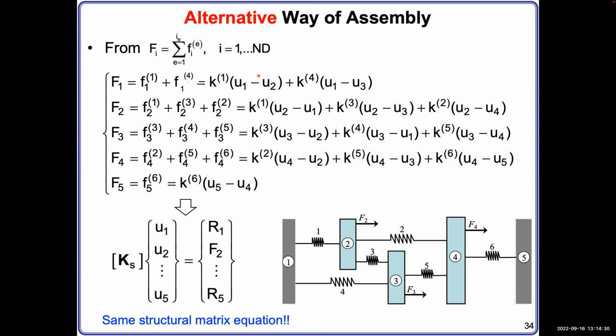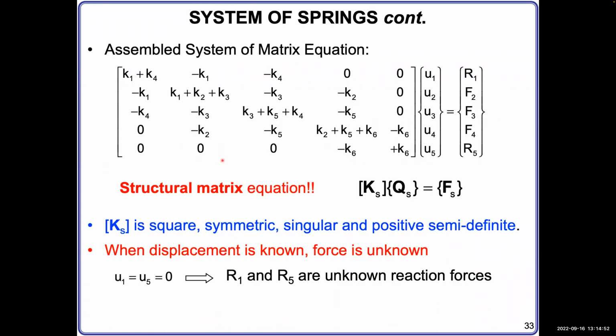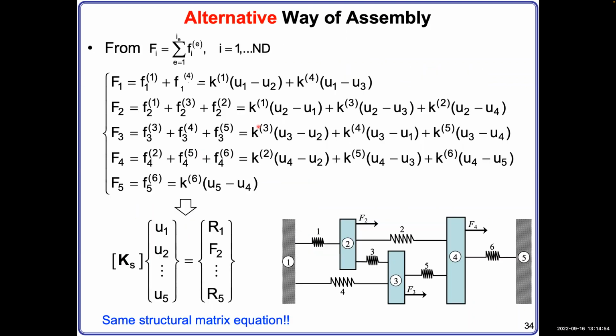Every equation is with respect to the node at that point. Then we can write all the forces in this format, extract U to be the displacement vector, and assemble a new structure matrix. This structure matrix should be the same as this one. You can play with it after class and see whether you get the same one.